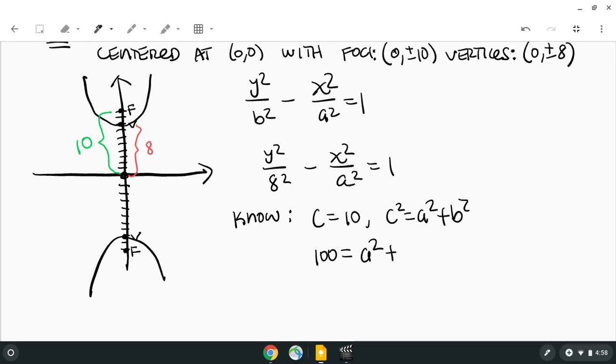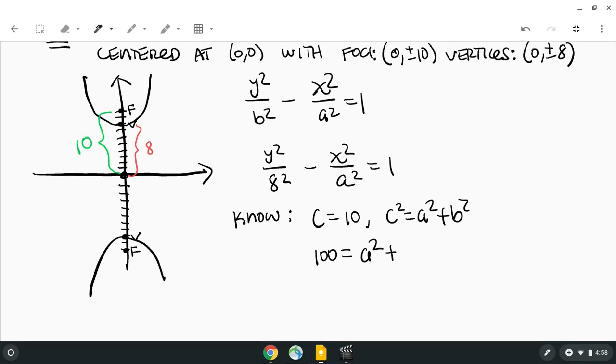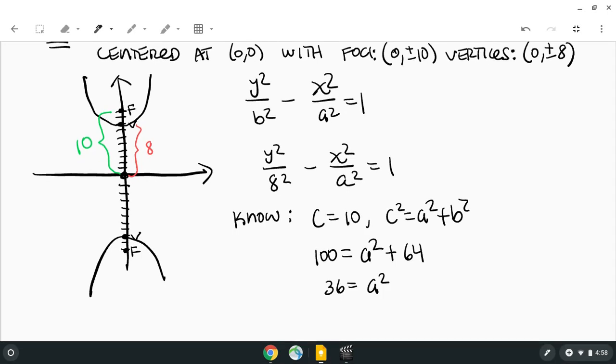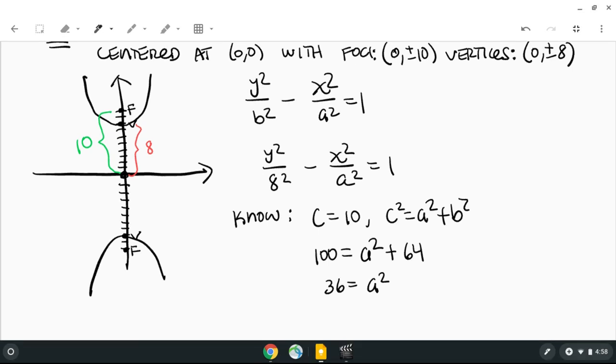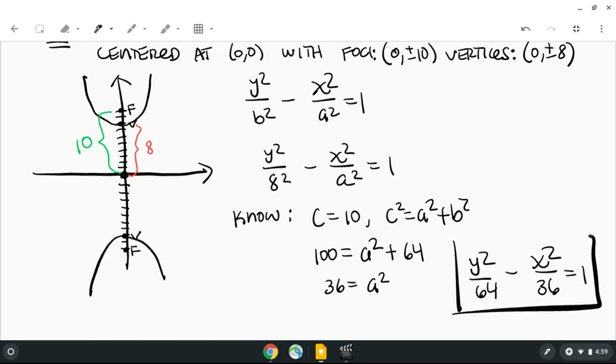So that's 64. So subtract 64 both sides, and I get 36 equals a squared. And so there's your denominator for x squared. So the answer is going to be y squared over 64 minus x squared over 36 equals 1. So that is it.